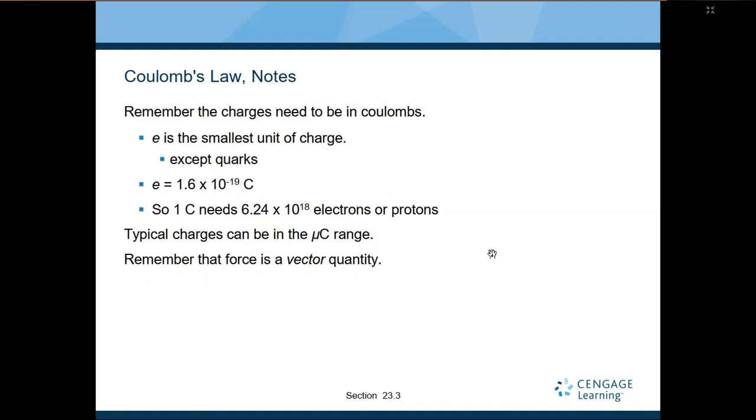Remember that charges need to be in coulombs, and if the values of the charges are not given, while the nature of the charges is stated, such as an electron or proton, you can just use the elementary charge, which is the smallest unit of charge, having a value of 1.6 times 10 to the negative 19 coulomb.